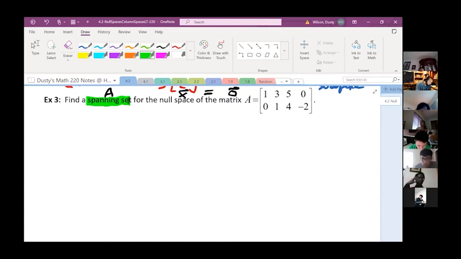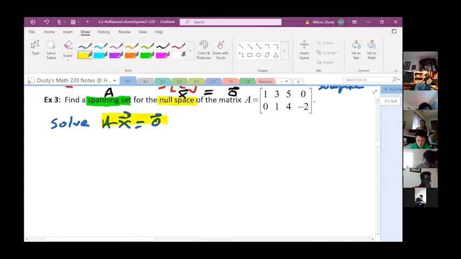In order to do this, we need to solve Ax equals 0, and the reason we're solving Ax equals 0 is because we care about the null space. I'm going to erase the stuff above because I think it's distracting. Okay, so solve Ax equals 0.